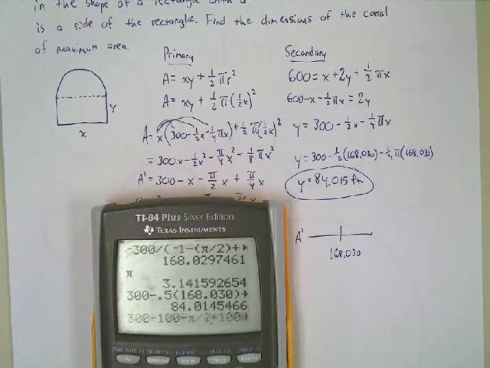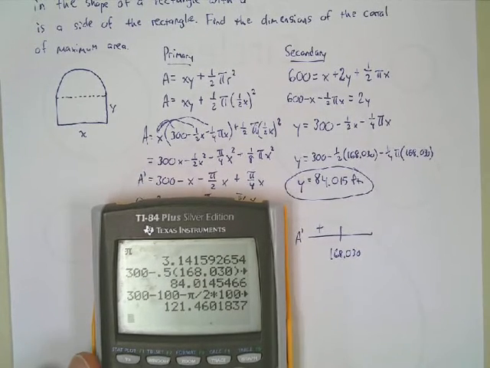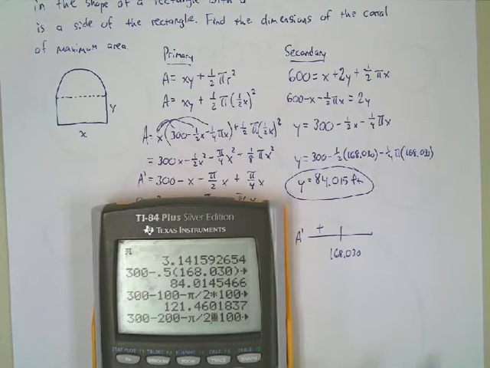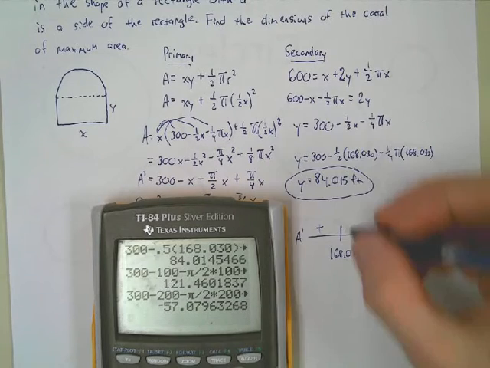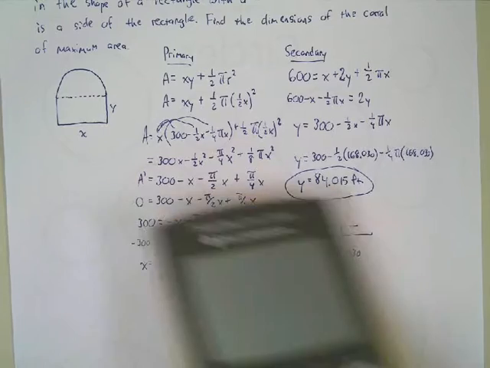We get a positive number, and if I go to the right there, I'll do like 200, I guess. So make these all 200s. And it's now negative on that side, so you can see that 168.030 is going to yield a maximum. Okay. So there you go.